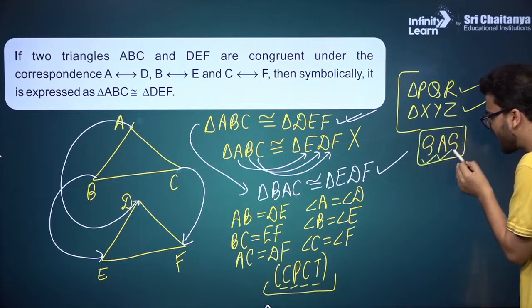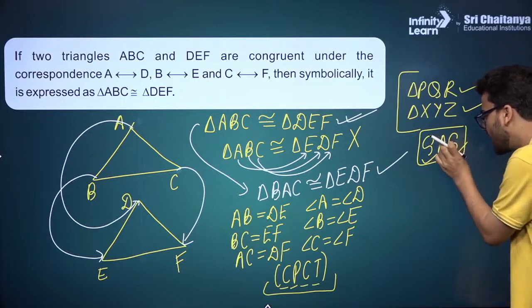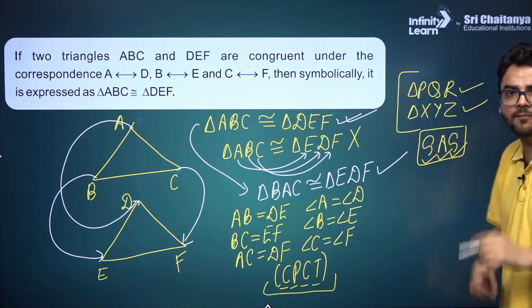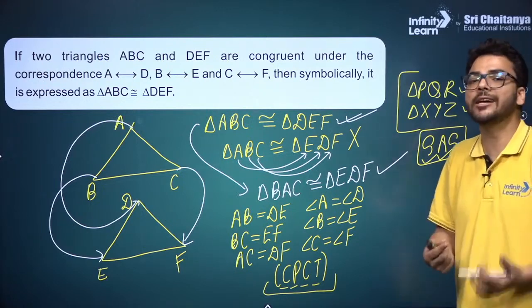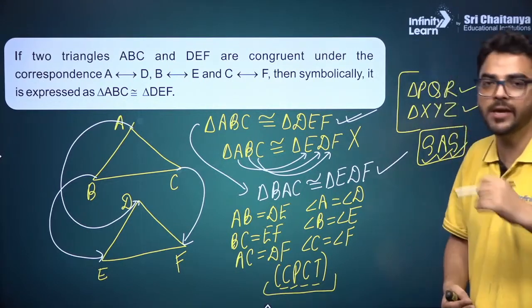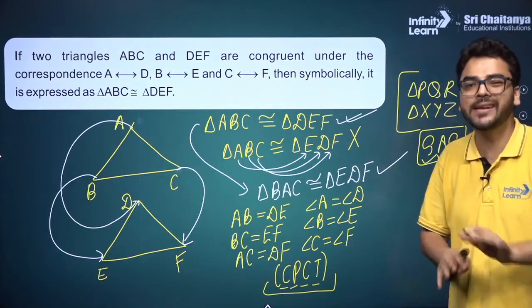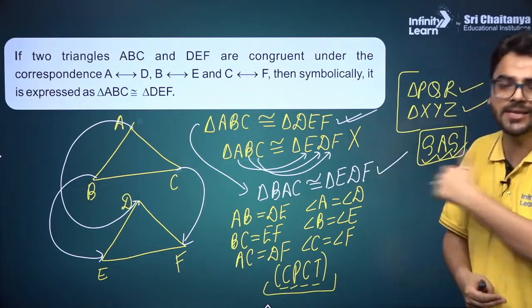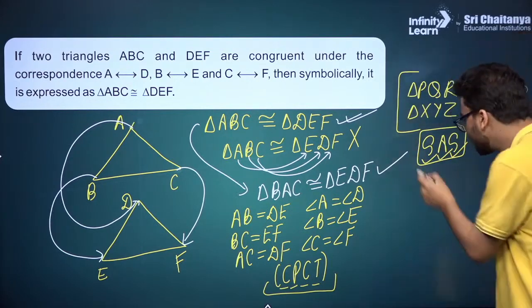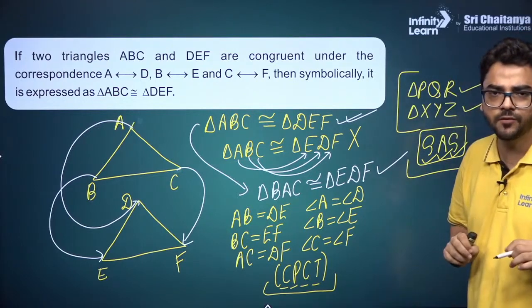Side, angle, side. It means if in two triangles, 2 sides and the included angle in between them are equal, then the triangles will be congruent. You don't need to prove other parts to be equal. The other parts will automatically fall into place. You don't need to go to the extent of proving all the 6 parts to be equal. Only this much will do. You got that logic?